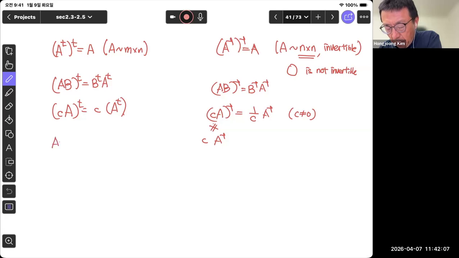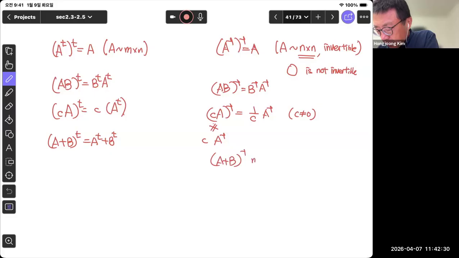In case of the sum of two matrices of the same size, its transpose will be A transpose plus B transpose. But even when A and B are both invertible, the inverse of the sum is not the sum of the inverses.